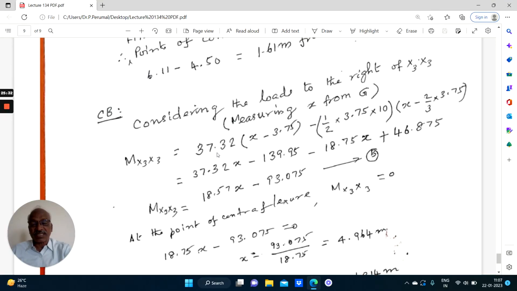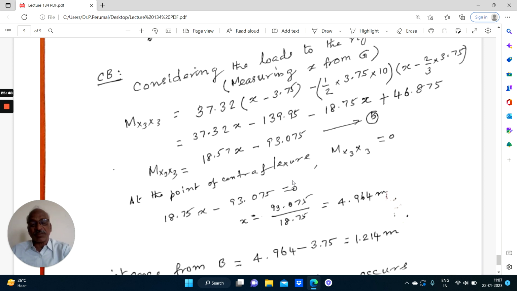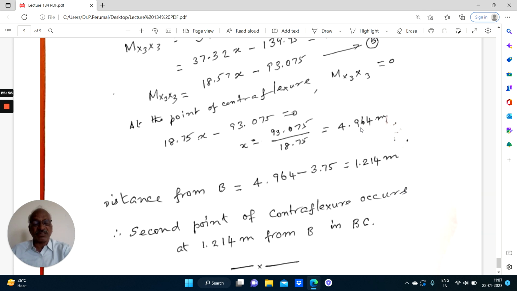So Mx3 equals this, the moment due to RB, and this, due to the uniformly varying load. This gives an equation 18.57x minus 93.075. At the point of contraflexure, Mx3 equals 0. So this equation is equated to 0, and we get x equal to 4.964 meters.